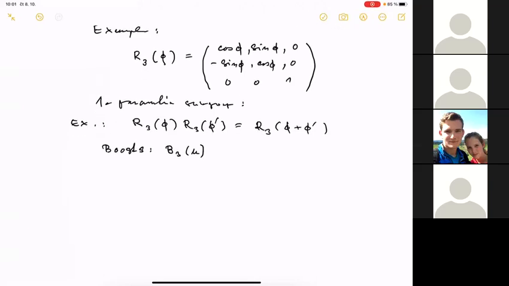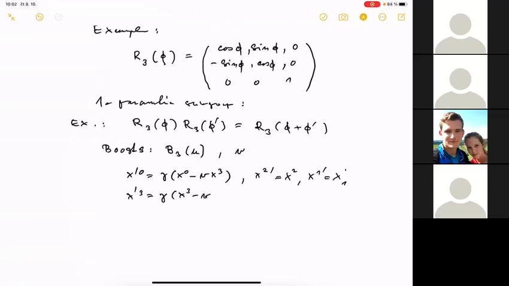You know that such a boost can be parameterized by the relative velocity of two inertial systems, and we get such a transformation. And x'^3 = gamma times (x^3 minus v times x^0).